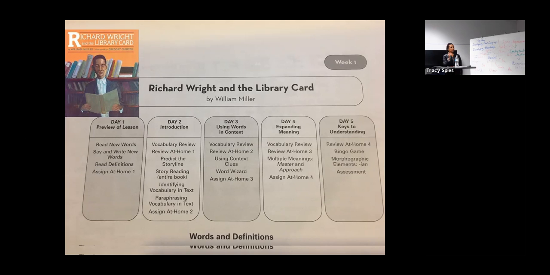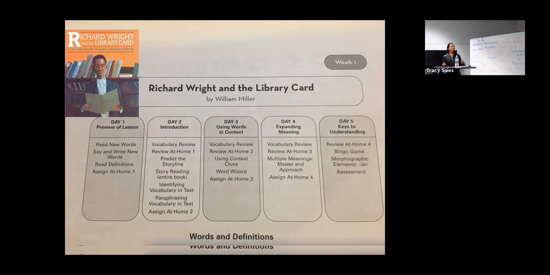a routine. Day one is always previewing of the lesson. So they're reading the words, they say and write words. They read definitions and do something with those words at home.